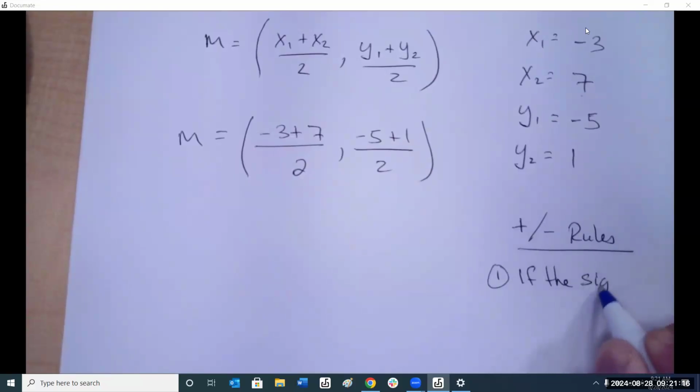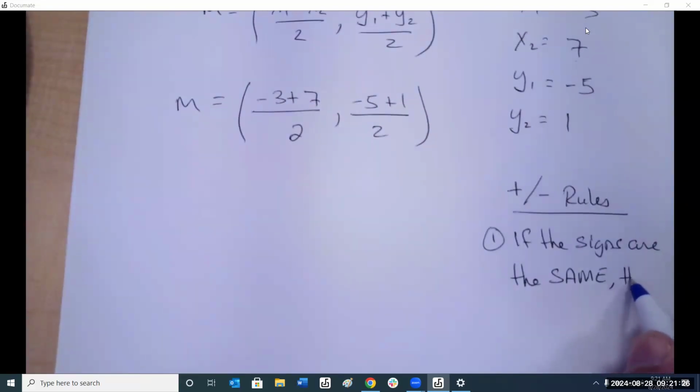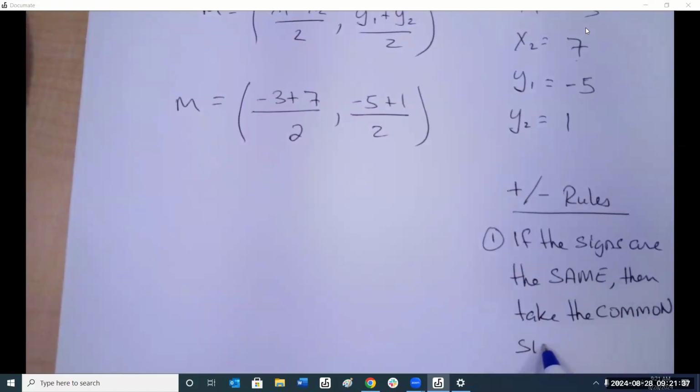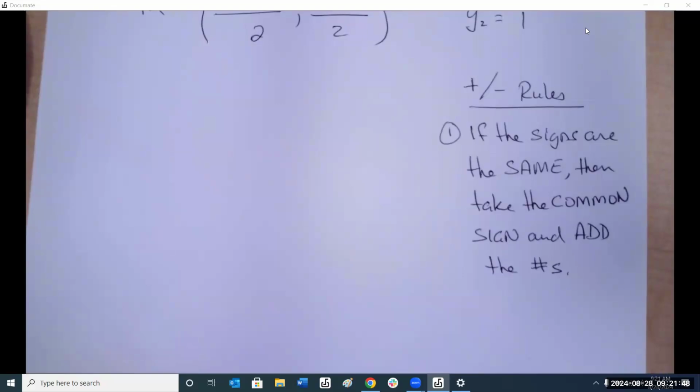If the signs are the same, then take the common sign and add the numbers.